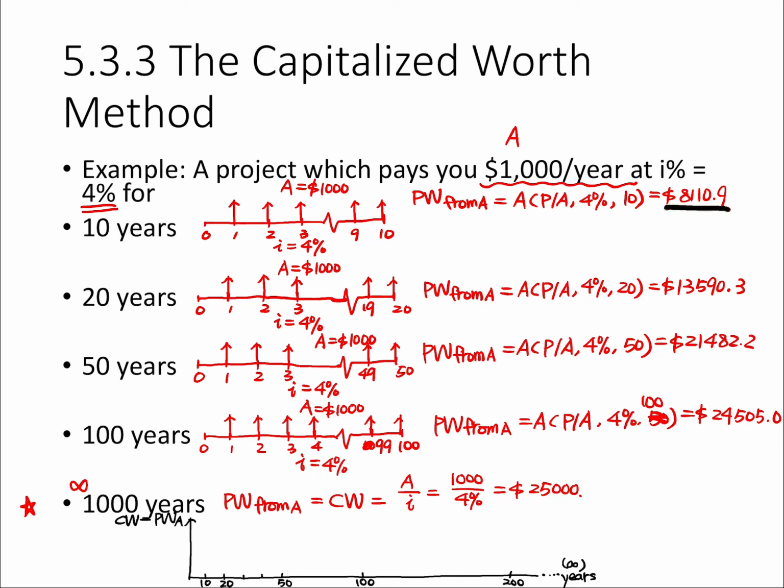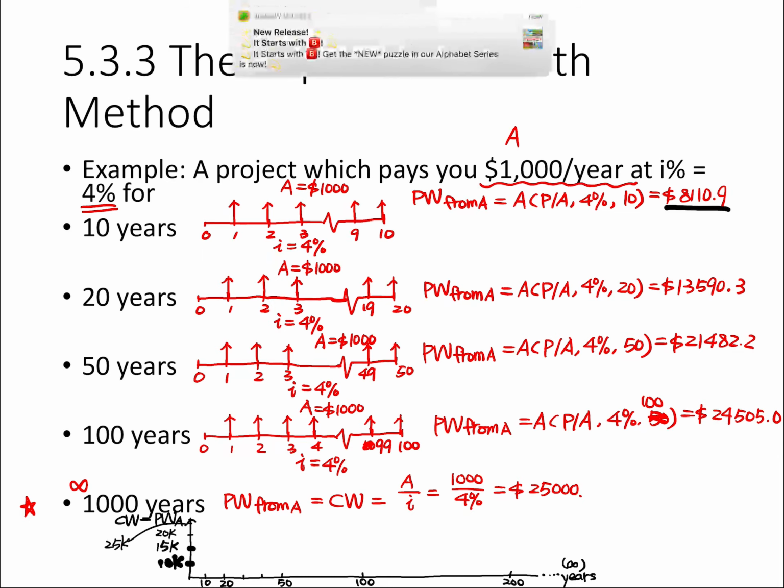So what we have for the PW for every different number of years. When n is 10, we know it's 8,000 something. So let's say here is 10K, then 15K, then 20K, and then 25K.